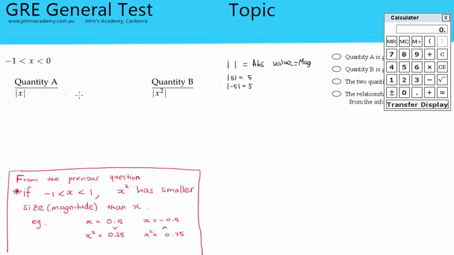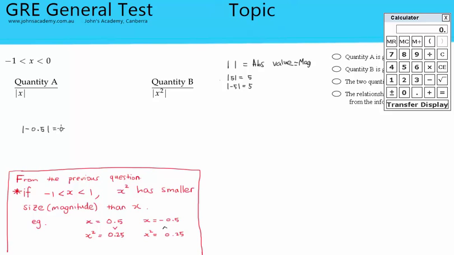So here we have a situation where x is a negative number, but it still satisfies this condition. Let's say x is equal to -0.5. What's the absolute value, or the magnitude, of -0.5?